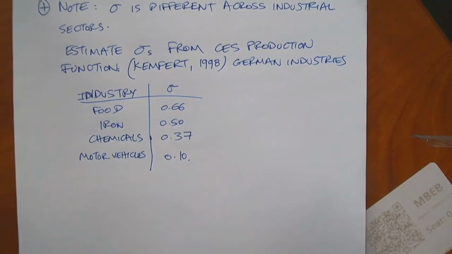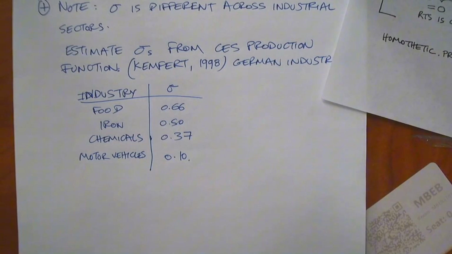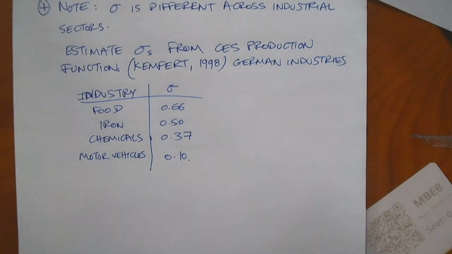Okay. Interpretation. How would you try to put this into words? You can swap labor and capital more easily when making food than when making motor vehicles, given the effects on the marginal productivity that labor has in each of these sectors.